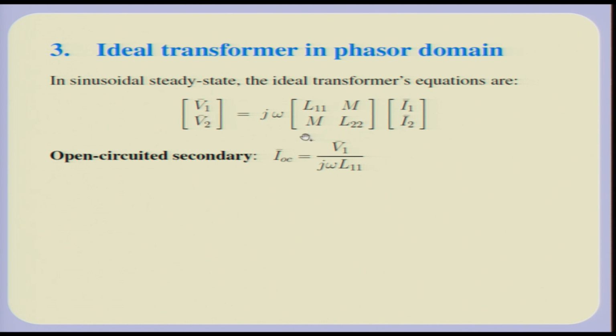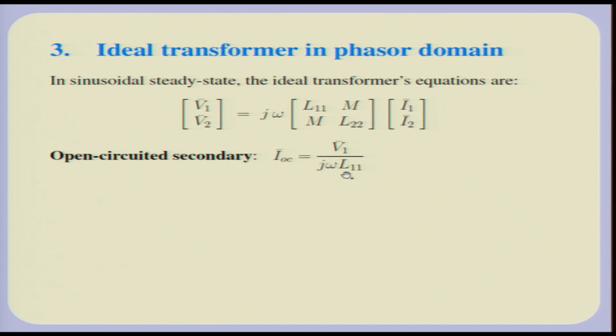If you keep the transformer open circuited on the secondary, that is, I2 is equal to 0, the current flowing is given by V1 bar, the phasor corresponding to the voltage across the first coil, divided by j omega L11.